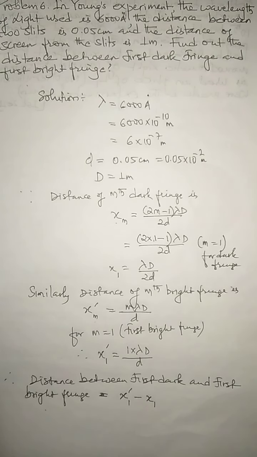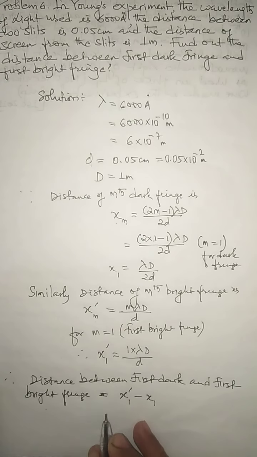And you know children, in Young's double slit interference, the center will be bright. Then only it will come dark, then bright. So if you move from the center to the fringes, first will be dark, then bright. That's why the distance will be x1 dash minus x1.